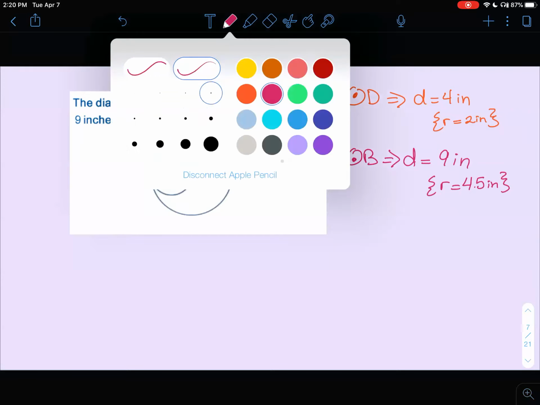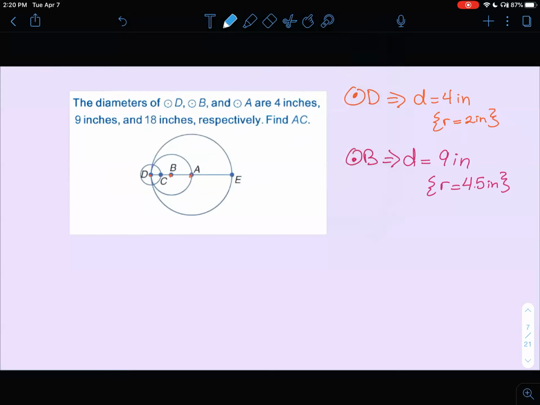And then let's look at circle A. And circle A has a diameter of 18 inches, which means his radius is going to be half of that, which is 9 inches. All right, so let's see what we can do here. So we have all of our radii identified.